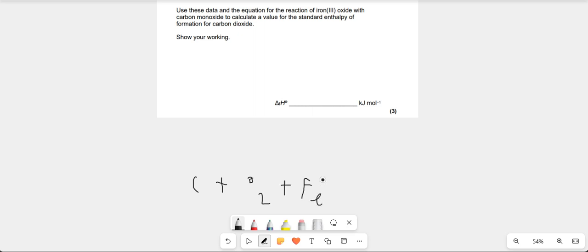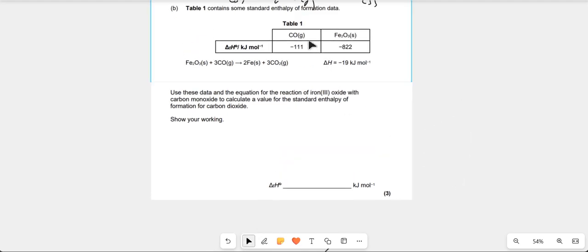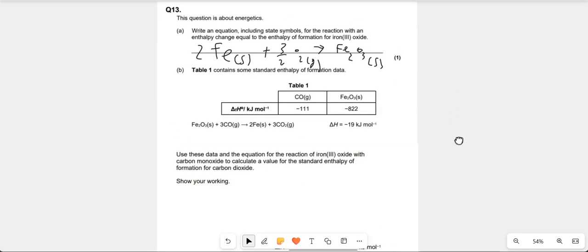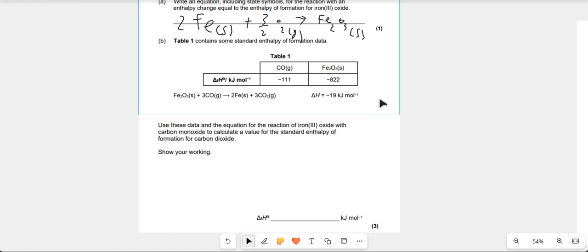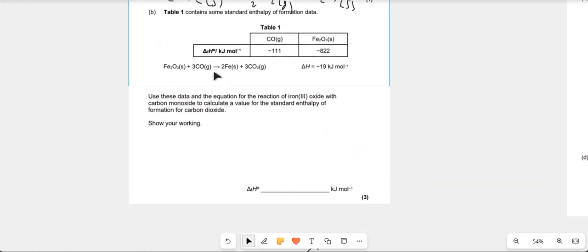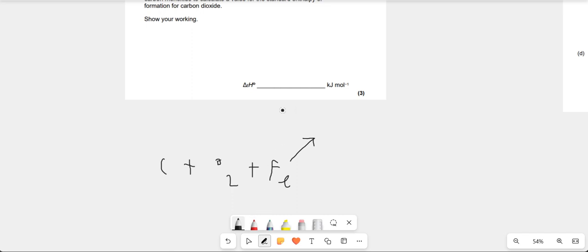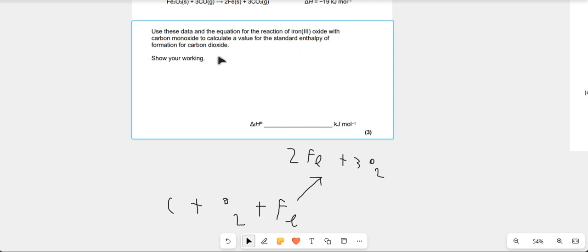We're going to need to create from that CO, CO2 and Fe, because that's what's going to combine to create Fe2O3 and 3CO. It tells us that this equation, Fe2O3 plus that, is minus 19. So let's create that from raw elements here. And it's asking to find the formation of carbon dioxide.